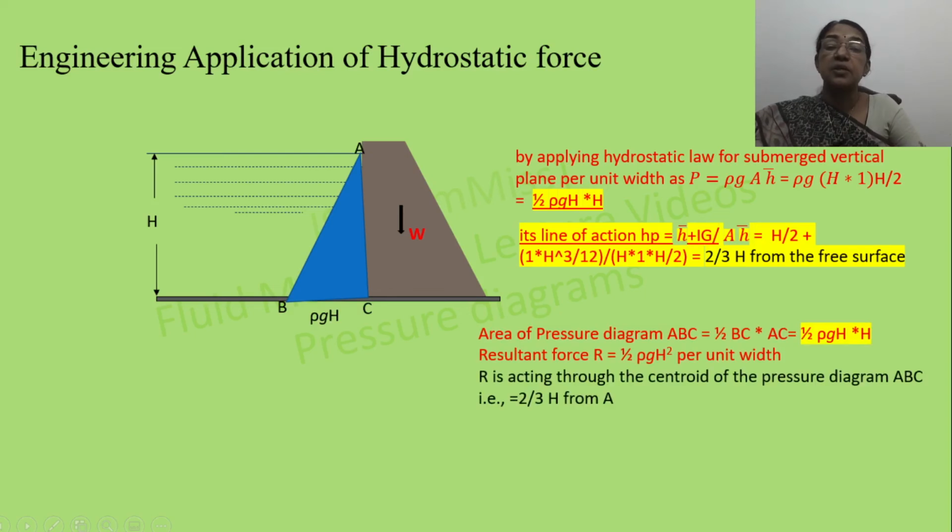Area ABC represents the total pressure force per unit width, that is equal to half into rho g h square, and it acts through the center of gravity of this triangle, that is 2 by 3 h from A. So please remember, by using the pressure diagrams, it's very easy to calculate the resultant hydrostatic force and its point of application. That means the area of the pressure diagram is equal to the total pressure force per unit width, and the center of gravity of this pressure diagram coincides with the center of pressure.